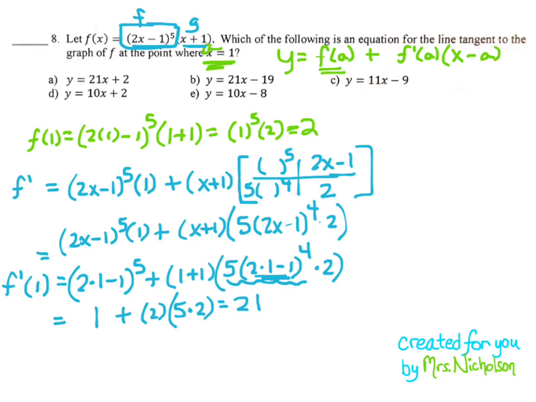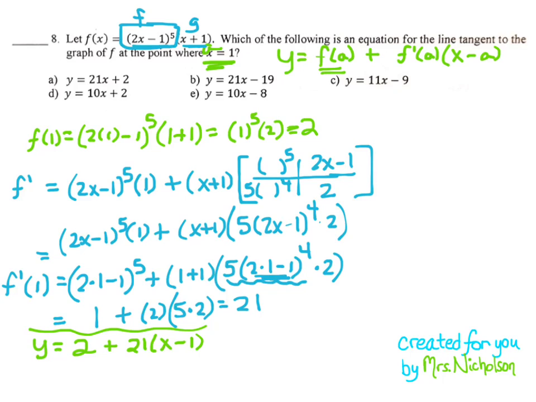So now I have everything that I need to write the equation of my tangent line. So I'm going to sub into that equation. Looks like I may run out of room on my screen here. So y equals f of a, and we figured out that f of a was 2, plus f prime of a, which is 21, times (x minus 1). Now, unfortunately, none of my answer choices are in that form, and so I need to do a little simplifying here.